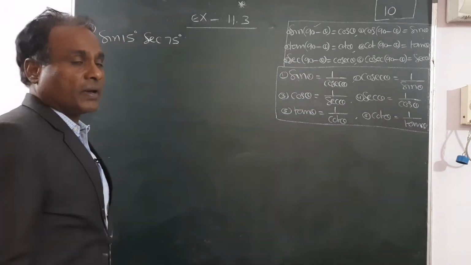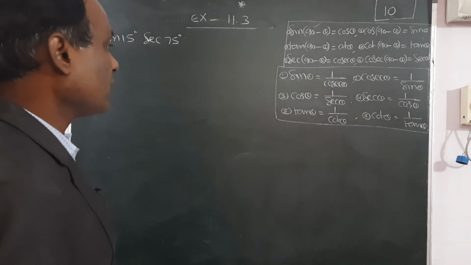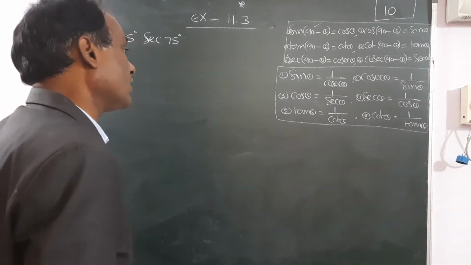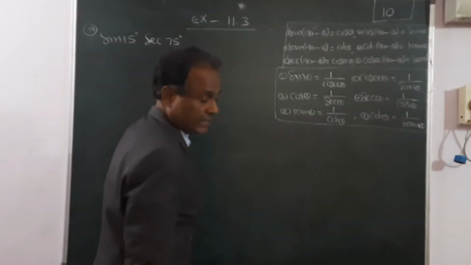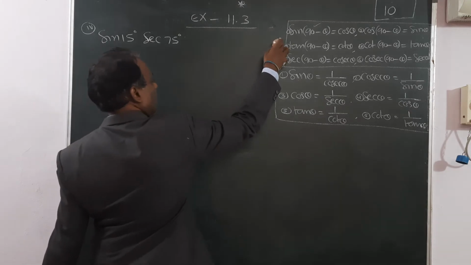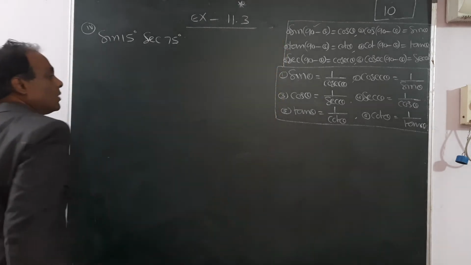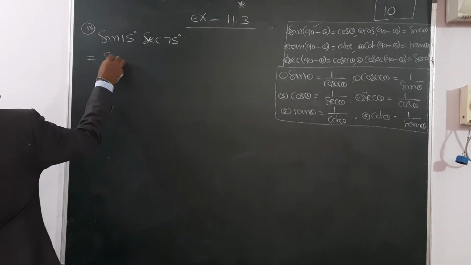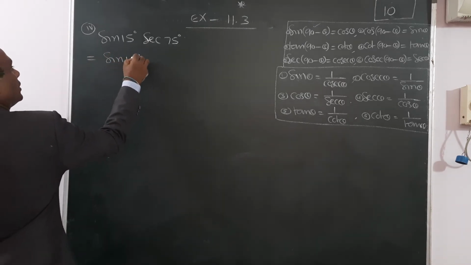Sin is equal to 1 by cosecant, cosecant is equal to 1 by sin, cos is equal to 1 by secant, secant is equal to 1 by cos, tan is equal to 1 by cot, cot is equal to 1 by tan. Now, using the first set of 6 and this second set of formulas, we can solve the remaining. See here, sin 15 degrees.